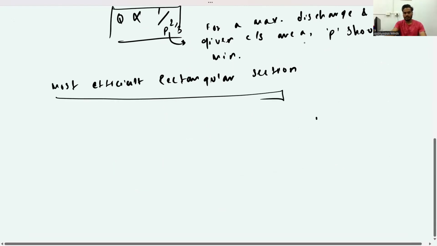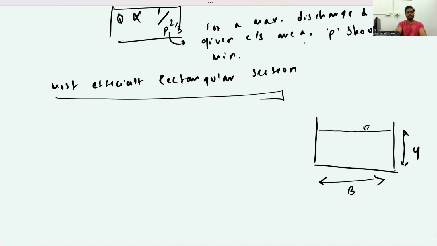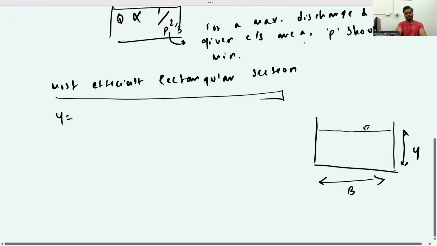Let's draw a rectangular section first. Here, y is equal to depth of flow and b is equal to width of flow.